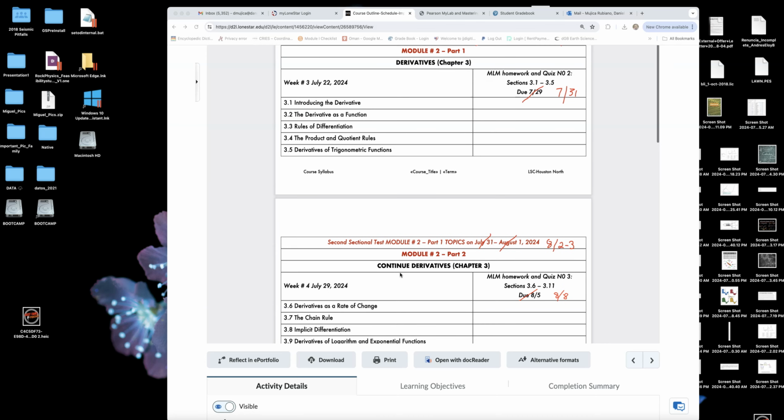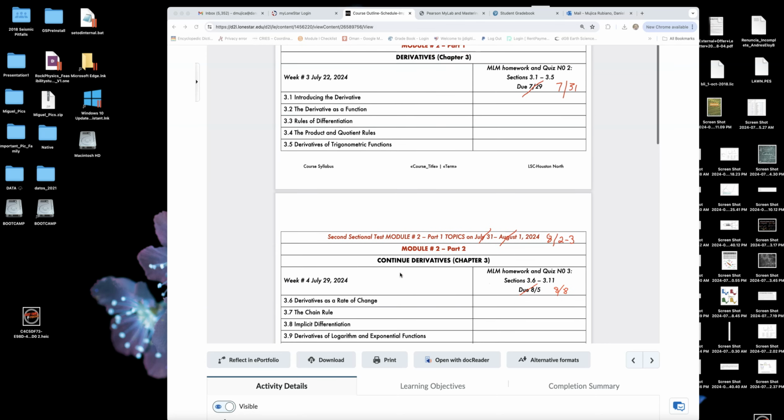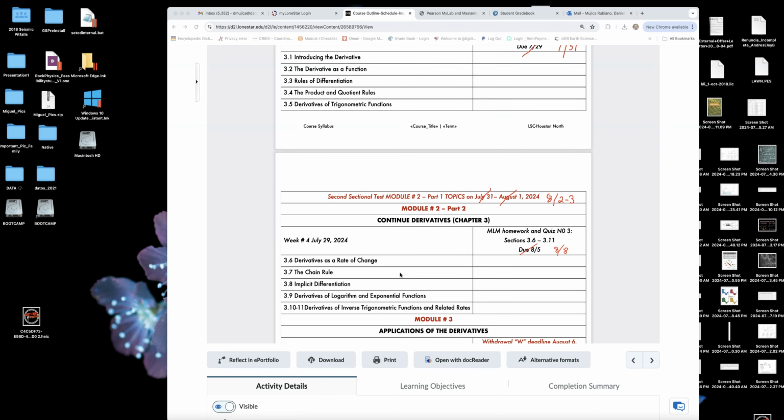Okay, so we finished already last week module number 2, which is chapter number 3, all what have to do with derivatives. So remember that we split that module in 2 parts.